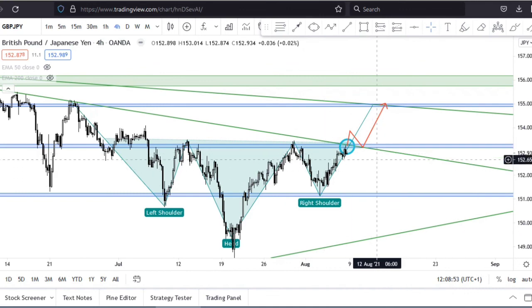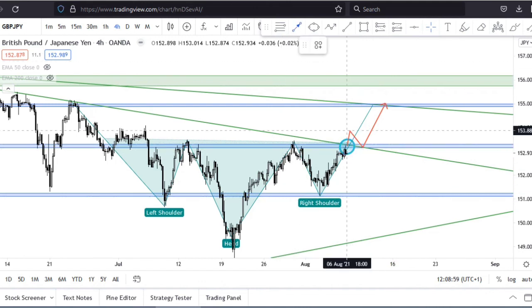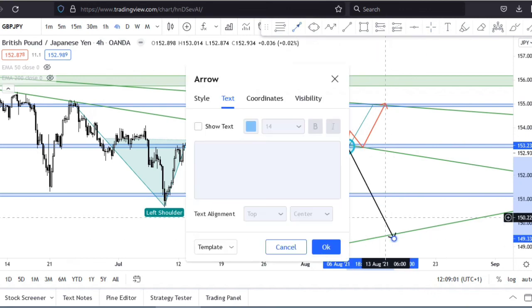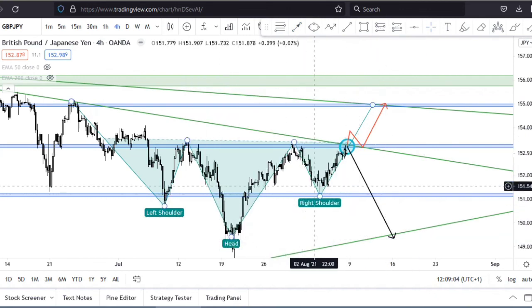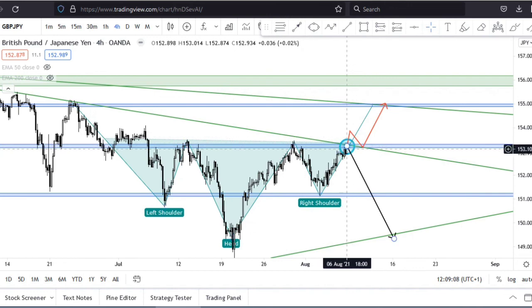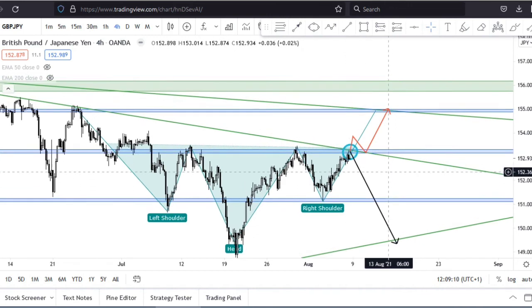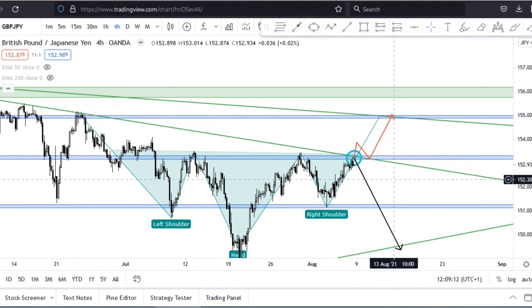Like I said earlier, there's a possibility that this will not happen, and price would rather bounce to the downside, giving us a double top pattern over here. So this is a key area where we'll be looking to see how price reacts. We have to be patient and not rush into taking any trades. We have to make sure that we have several confirmations before we enter our trades.